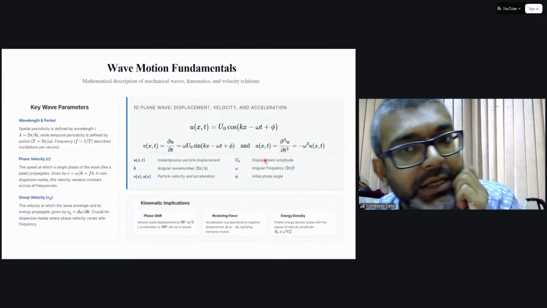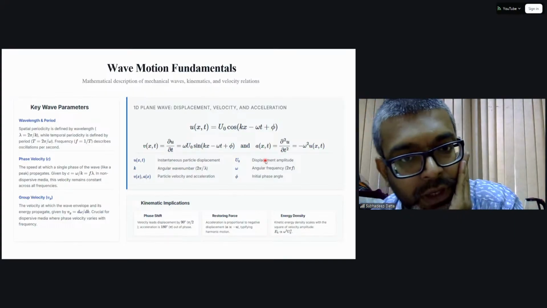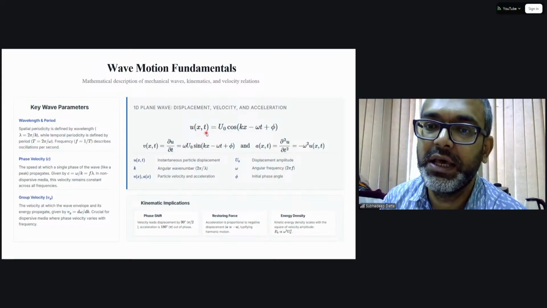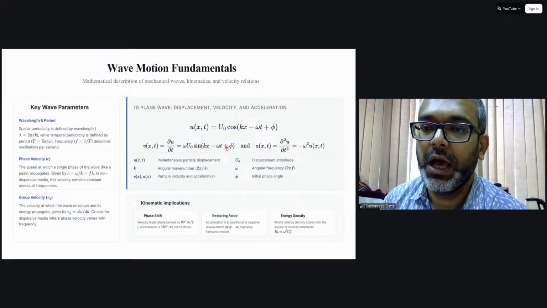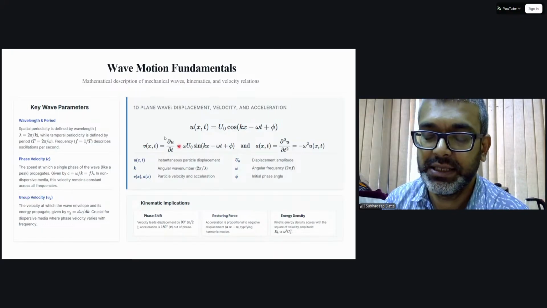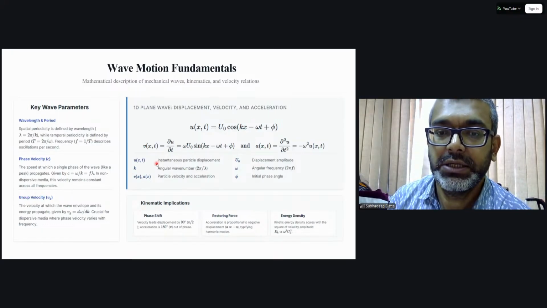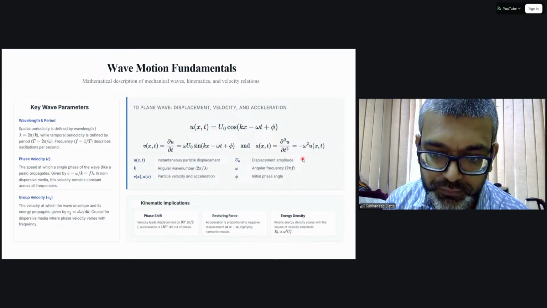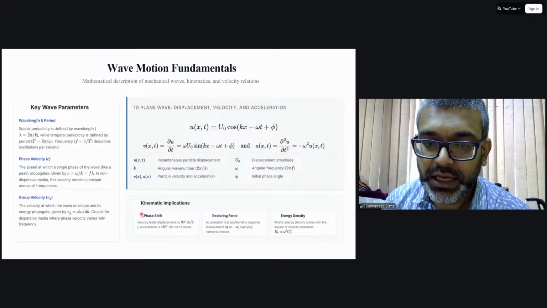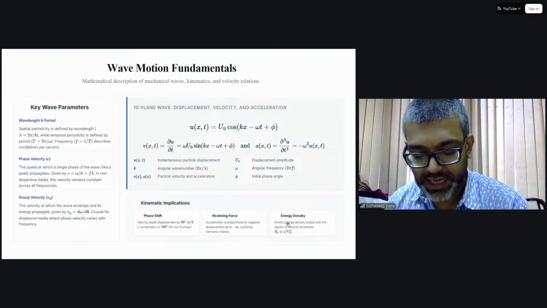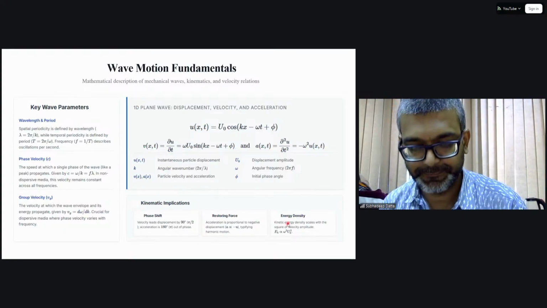With this in mind, let's study something fun, some very fundamentals. Students will appreciate this. This is the 1D plane wave. As you know, the k and omega in this, and then if you take a time derivative, you can get the velocity and accelerations. And then there could be phase shifts, restoring force, and energy density. All these are like BSc first year physics.